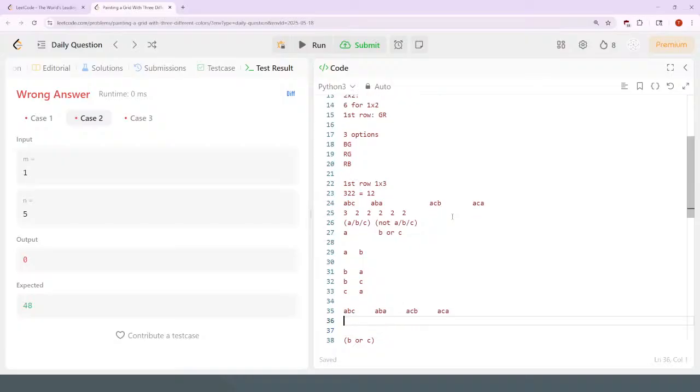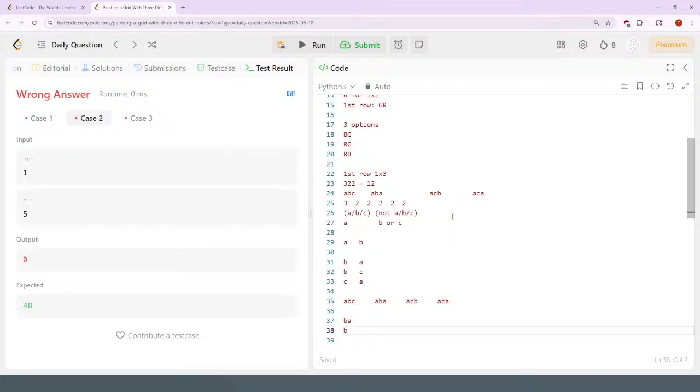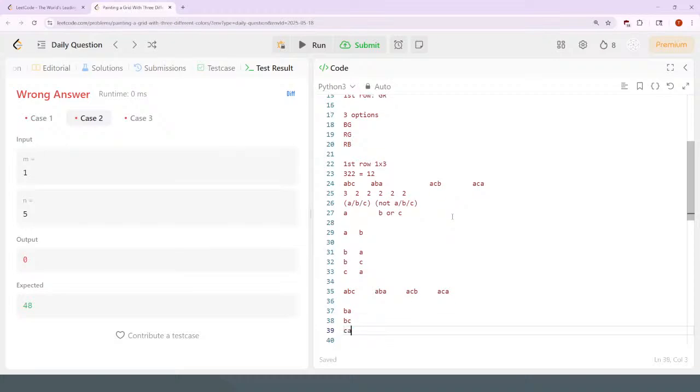And then if I have A, then it's AB. If it's AB, then there's 6 ways of doing the AB portion, or doing the stuff underneath the AB portion. So if it's AB, then it's again BBA, BC, CA.